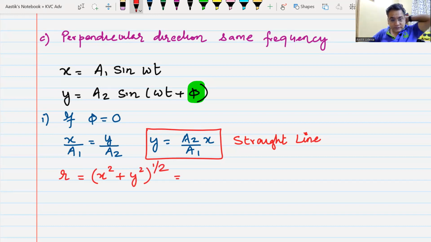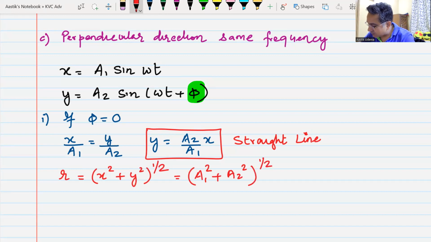So it can be written as A1 squared plus A2 squared, raised to the power of half, into sine of omega t. Do we understand this? Now, is this motion an SHM? Yes, that is what you are saying. This is definitely an SHM.